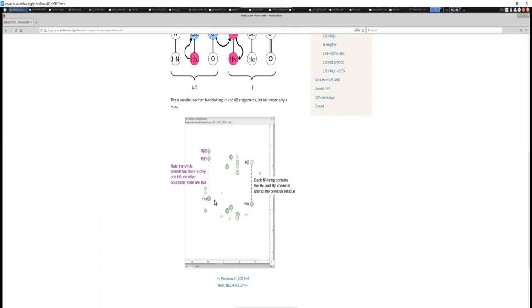Some peaks have just one H alpha and one H beta. Some peaks have two H beta. So you can get either 2 or 3 peaks from this strip. And as stated before, the value of this H alpha and H beta can be unique enough that it can tell you what type of amino acid you have.